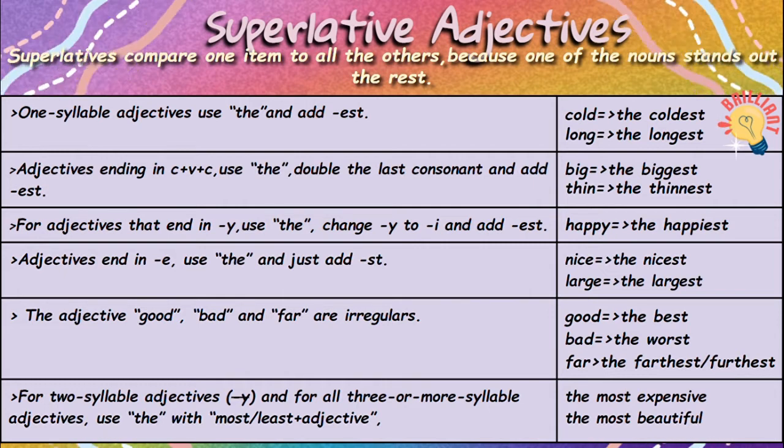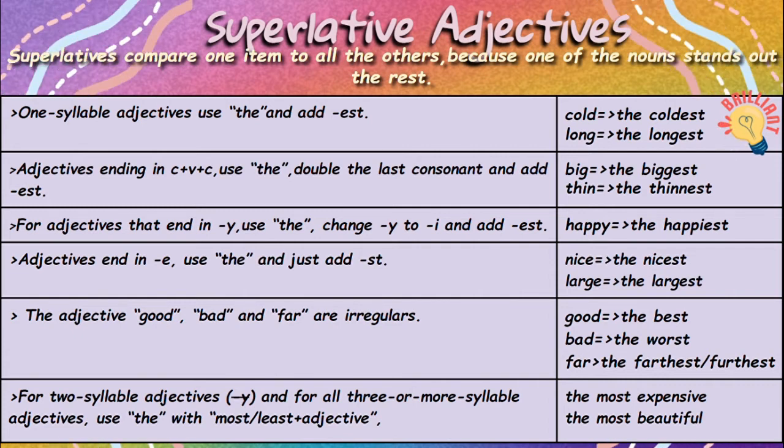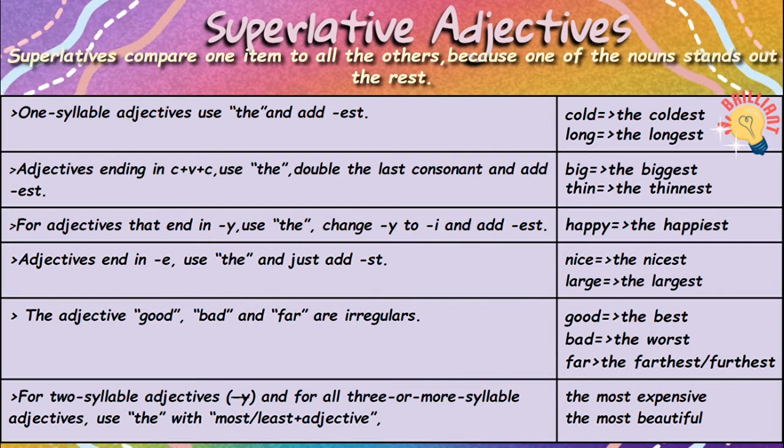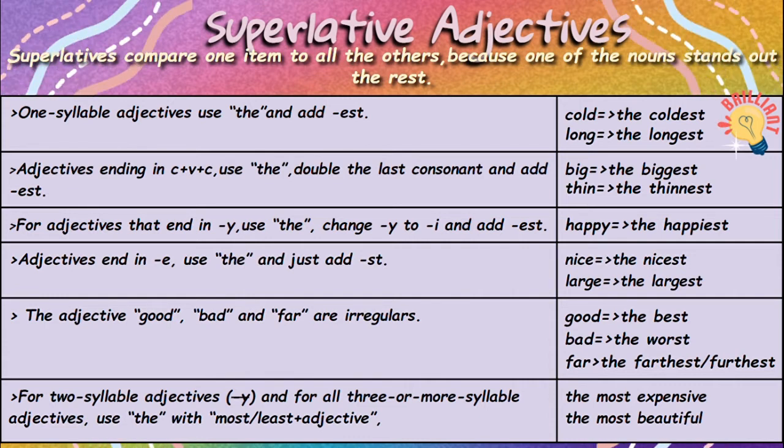For two-syllable adjectives not ending in y, and for all adjectives of three or more syllables, use the word the with most or least plus adjective, the most expensive, the most beautiful.